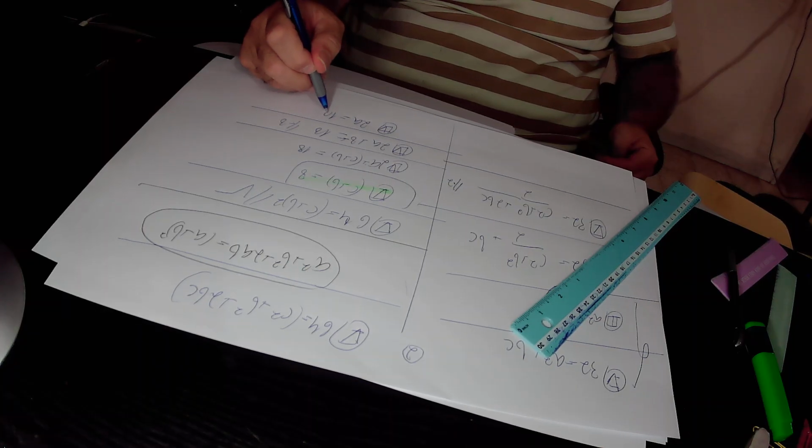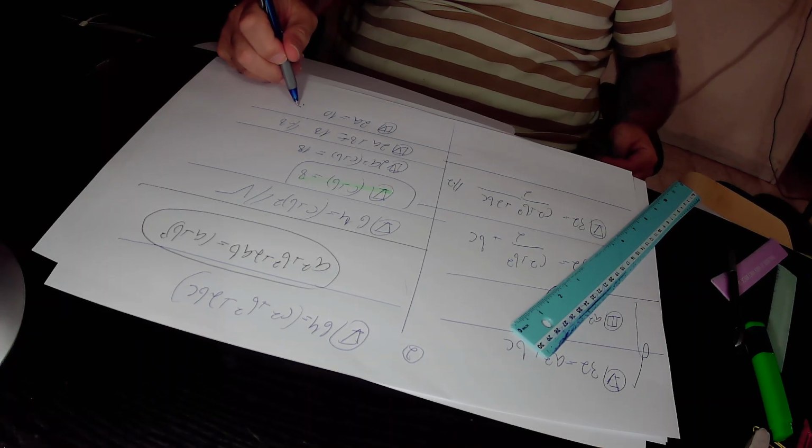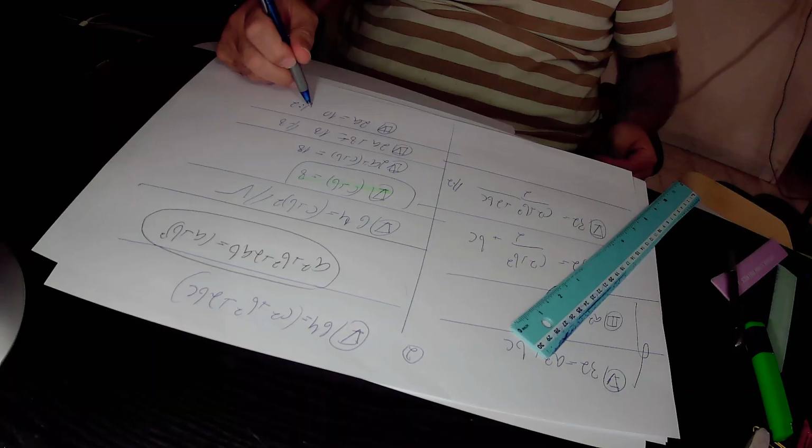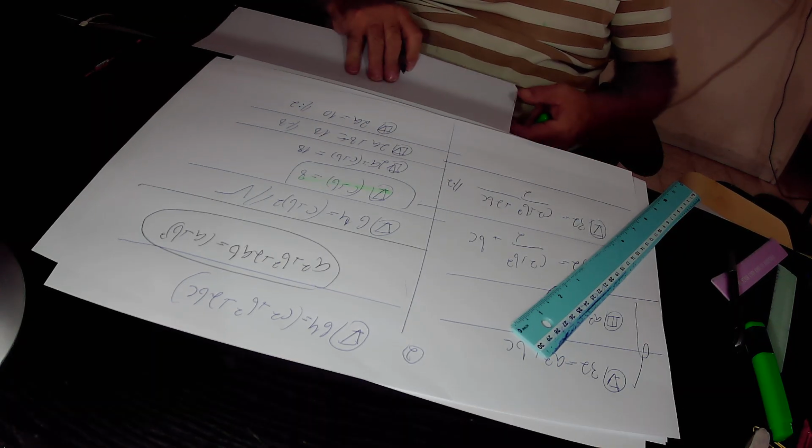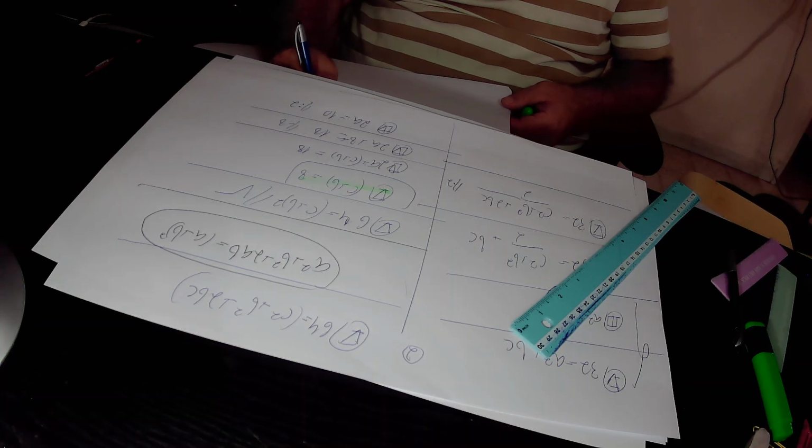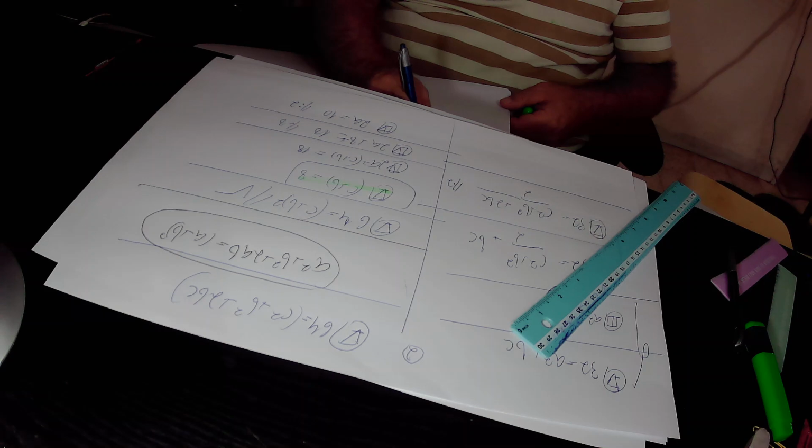So 2a equals 10. Here we divide by 2 and finally get that a equals 10 over 2, that is 5. So A equals 5 units in its length.